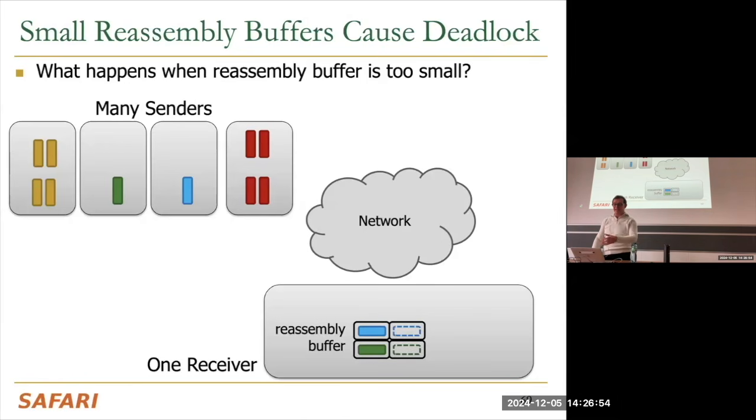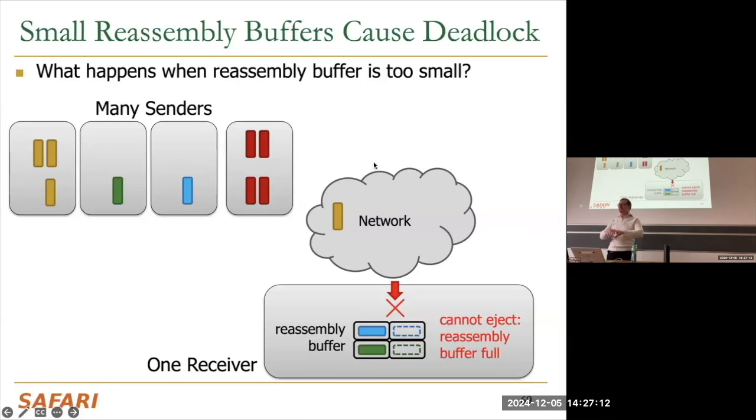It's waiting for the other flit. Now, what may happen is you may inject those a bit later. The yellow one cannot get ejected over here because the reassembly buffer is full. So it's going to go around in the network. Have some fun in the network, let's say, right?